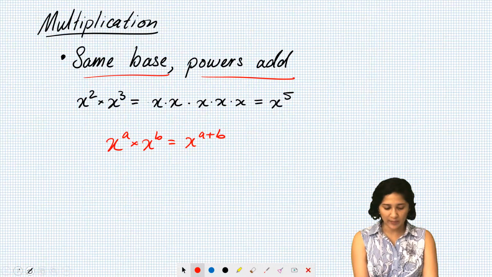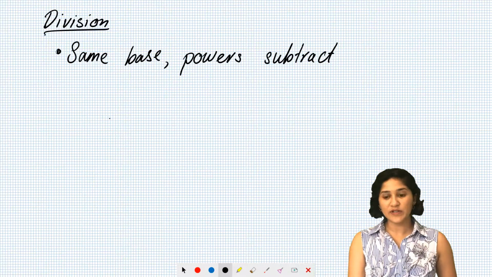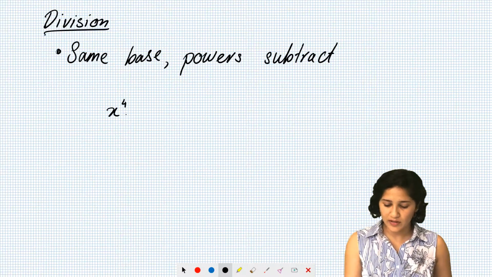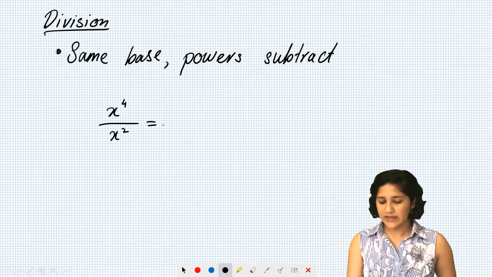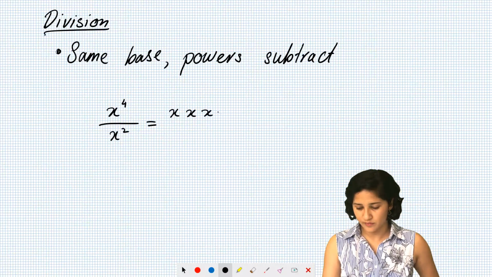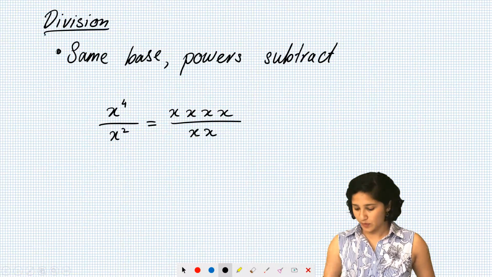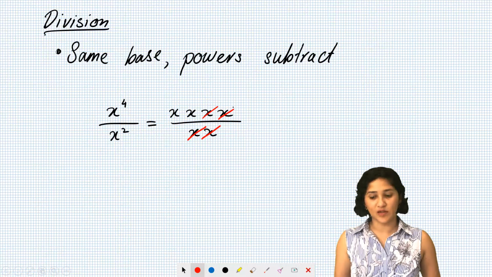So let's think about what happens with division then. For division, let's say I had x to the power of 4 divided by x to the power of 2. Well, in this case, if I expand it out, I've got 4 x's on top and 2 x's on the bottom. And we know that we can cancel 2 x's on the bottom with 2 x's on top.